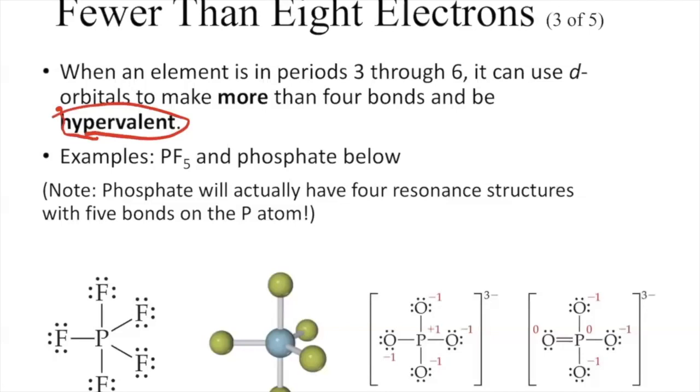And notice the charges when phosphorus has 4 electrons around it, the overall charge of this compound is -3. And it actually prefers to have 0.